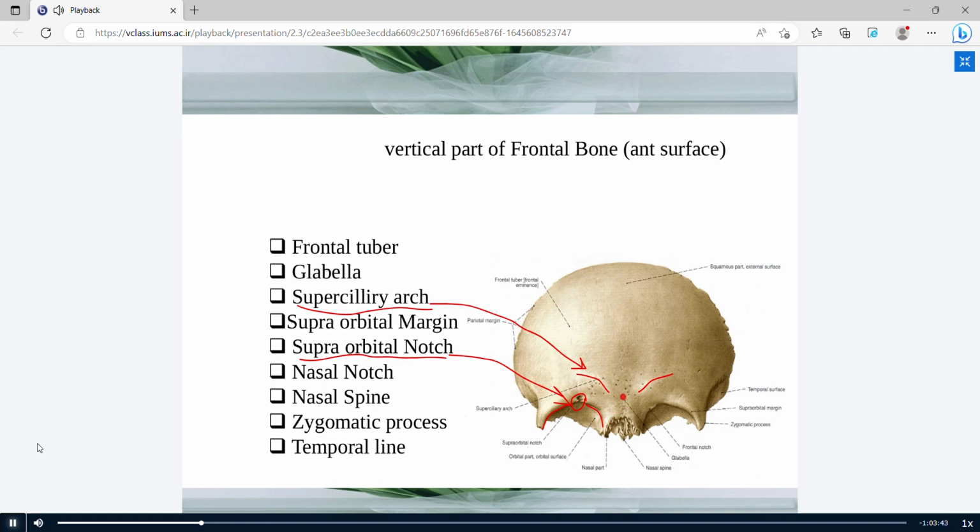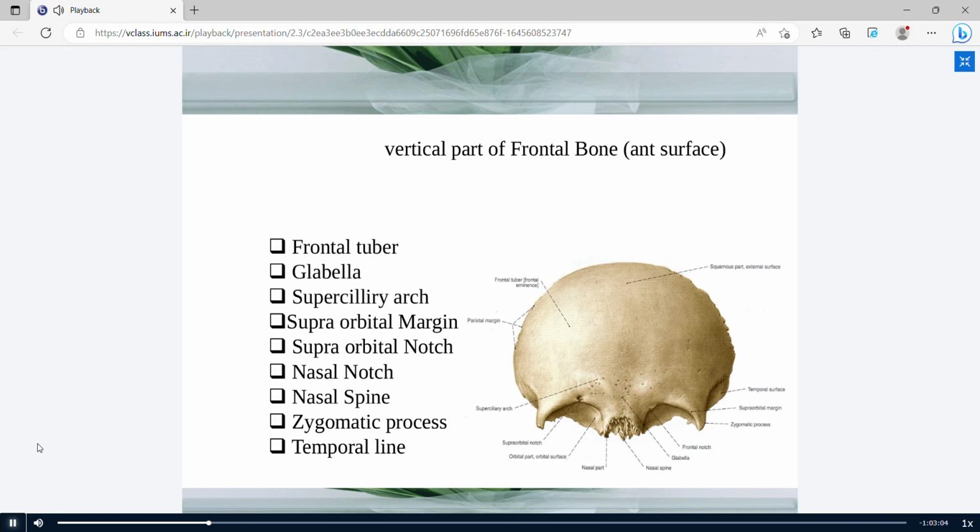And there is a depressed area between the superciliary arches, this location, and this is the glabella. It's called the glabella. Superior to the superciliary arch, you can see an eminence or frontal tuber. This is the frontal tuber, and it is more prominent in men.